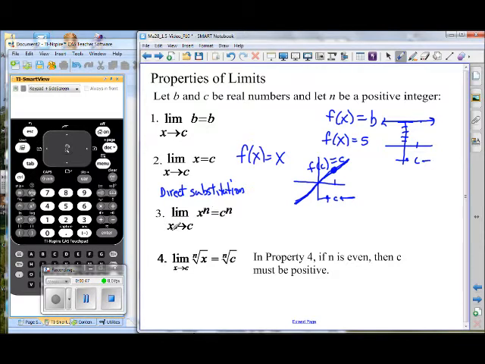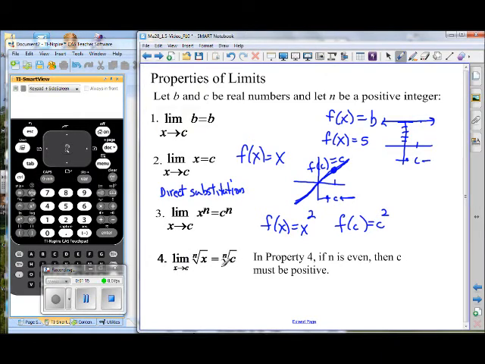So if we look at this and we're letting the inputs go from x to c, or x approaching c, and our function is f of x equals, let's say, x squared, then f of c would be c squared, and n can be any positive integer, and in this case I chose 2. So again, we're using a direct substitution.